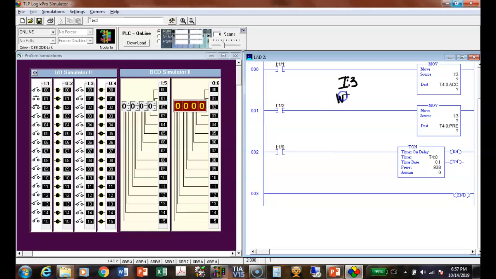That means I'm going to grab the whole word. I'm not going to grab a bit. I'm going to grab the whole word. So what I'm doing, I'm taking whatever I'm putting on this input over here. That whole word. I'm going to grab this whole input right here.